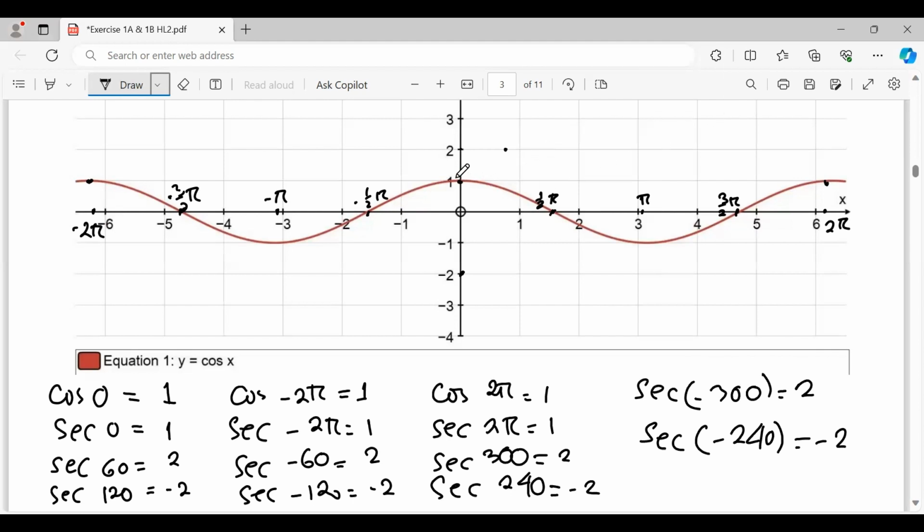Firstly, if we sketch the secant graph, this one first, 60 and 2, so it's 1 around here, and as well secant negative 60, 2 as well around here. Okay. So it means the graph would be like this.